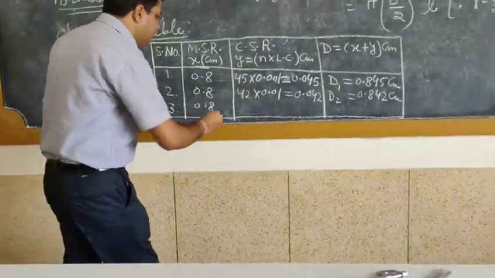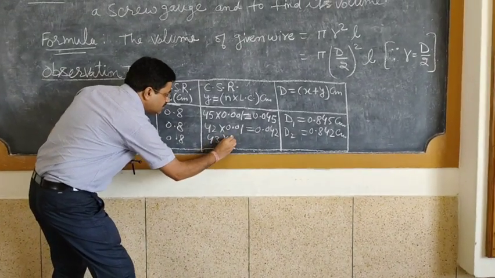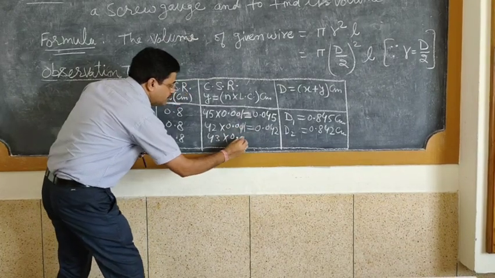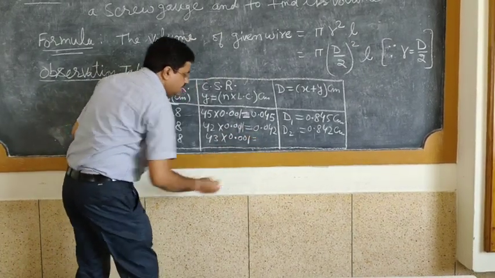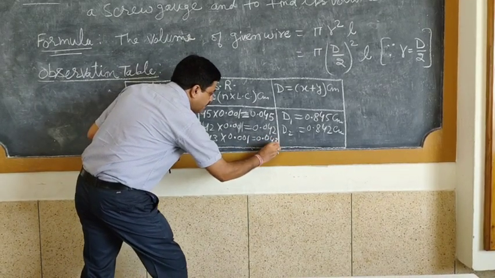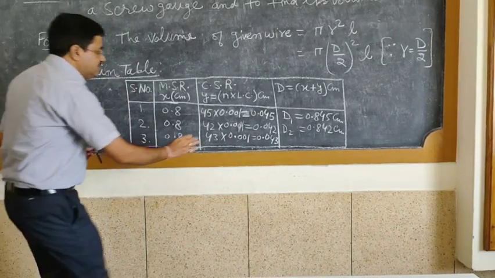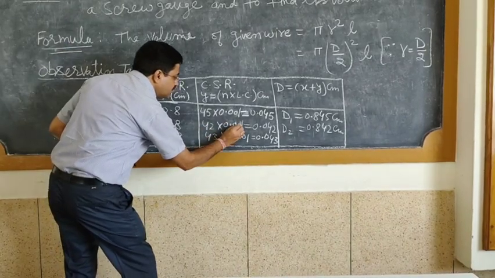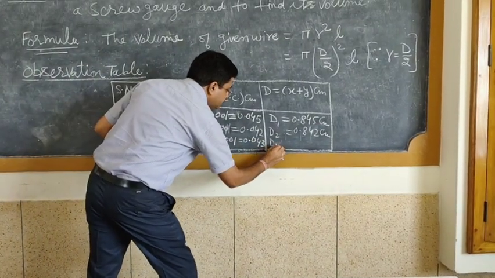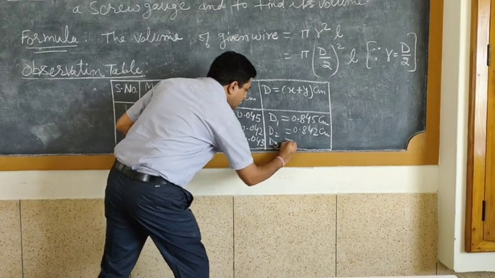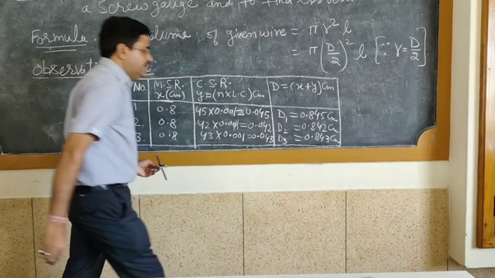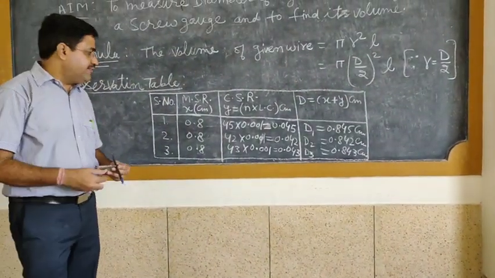I can write 43 into 0.001. It becomes 0.043. What is D3? D3 becomes 0.843 centimeter.